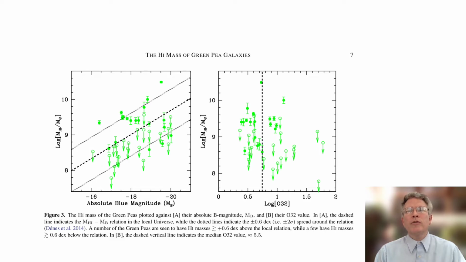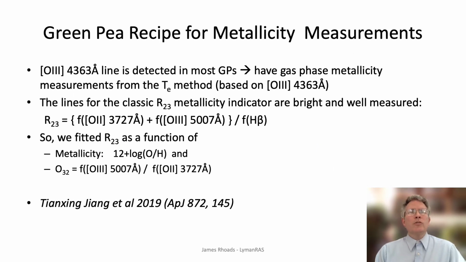in the foreseeable future. Now, the first one of these is a green pea recipe for metallicity measurement. And the key principle here is that the 4363 line of oxygen 3 is detected in most green peas, and that forms the basis for an extremely powerful metallicity measurement.